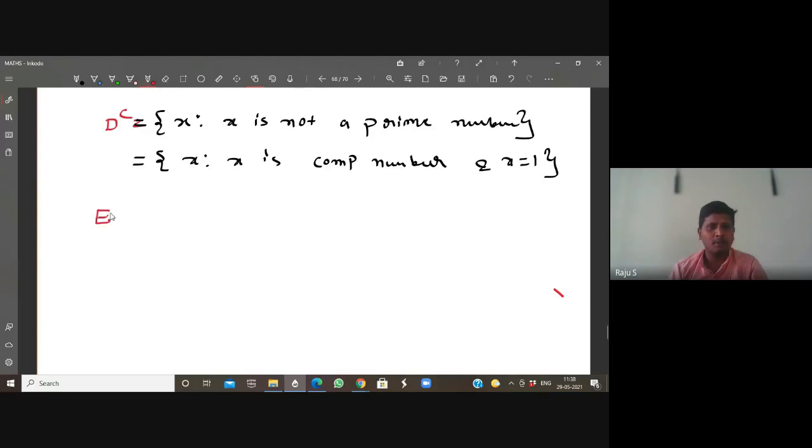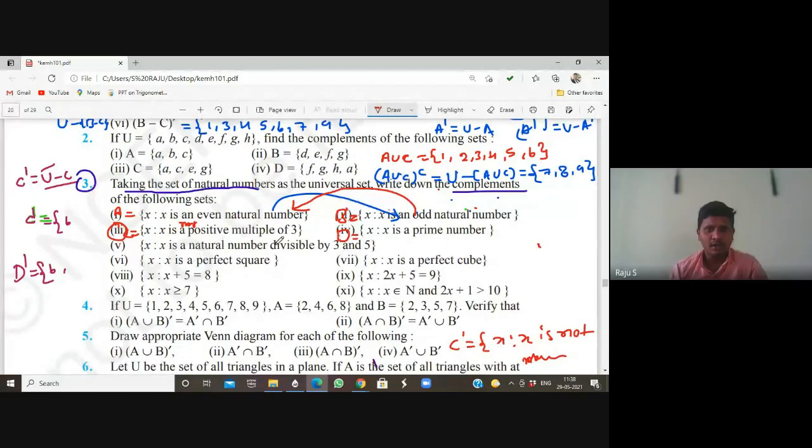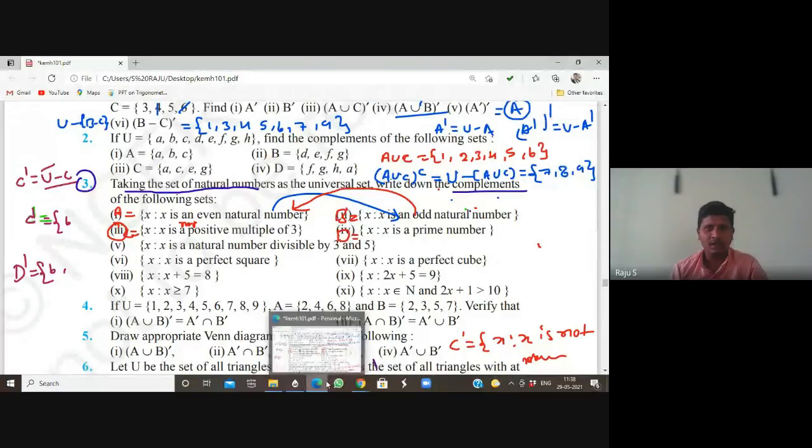Then E complement. E means I'm taking the next subdivision as E. X is not divisible by 3 and 5. A number divisible by both, we can together say as 15, sir. 3 into 5, 15. Okay, not divisible by 15. They have given natural numbers divisible by 15.